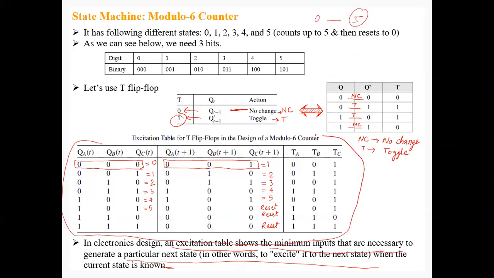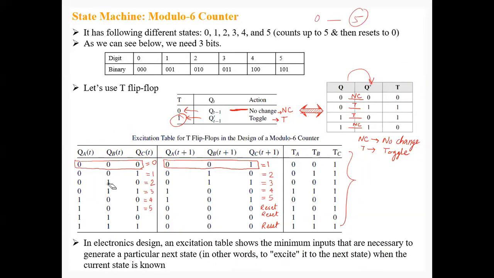We rely on this, but this is not complete yet because this is the general rule, and we have to talk about all three flip-flops, QA, QB, QC. The detail is here. Do you guys have 1 minute? I'll finish it in 1 minute. So we rely on this to figure out this table here.